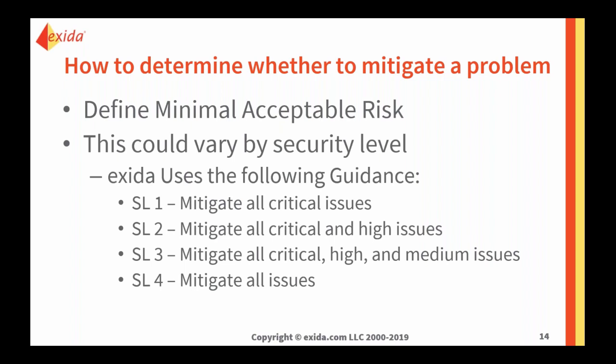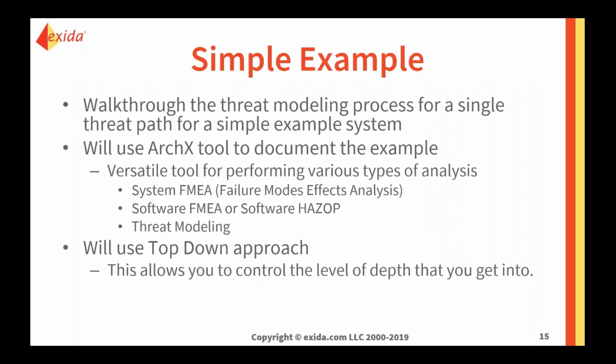For security level 3, medium issues also, and security level 4, all issues, because the security level 4 attackers have such resources at their disposal. So this is a guidance. It's not specifically called out in the standard. You can determine your minimal acceptable risk, but this is a way that we would recommend to do it.